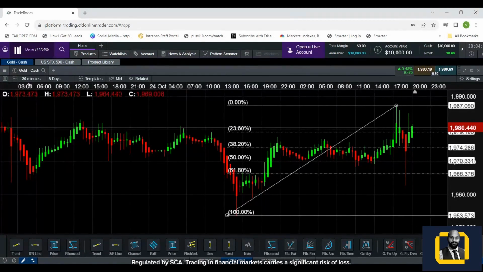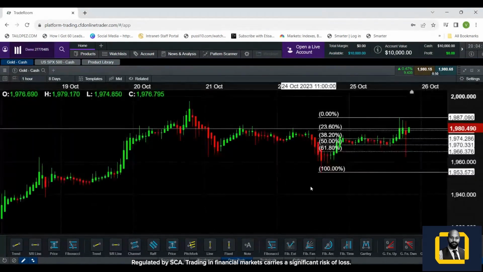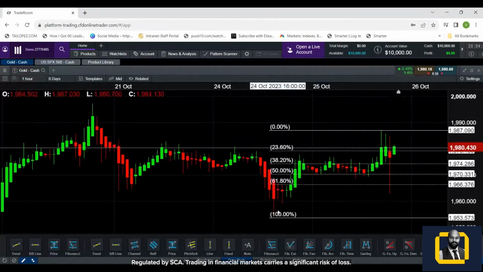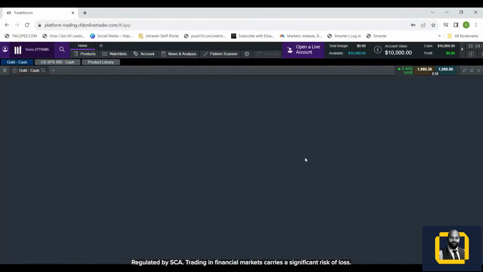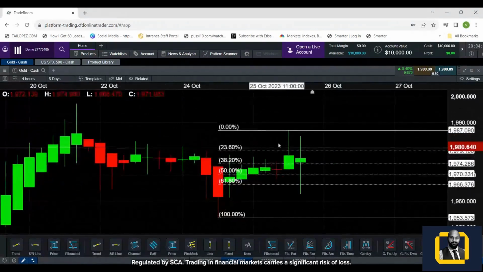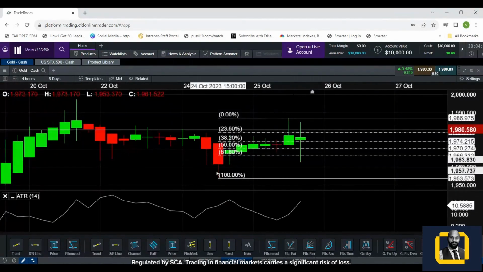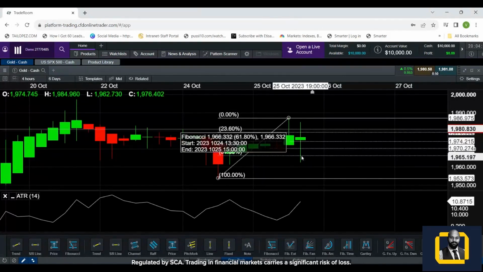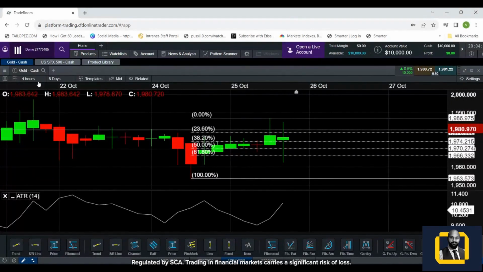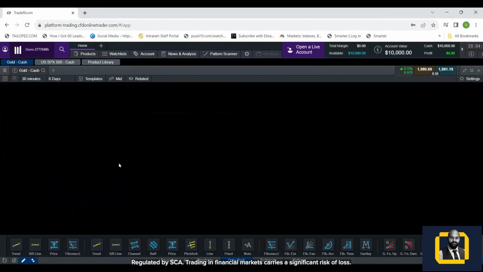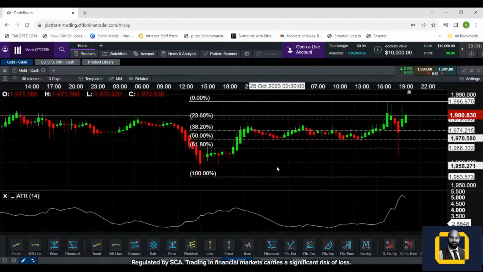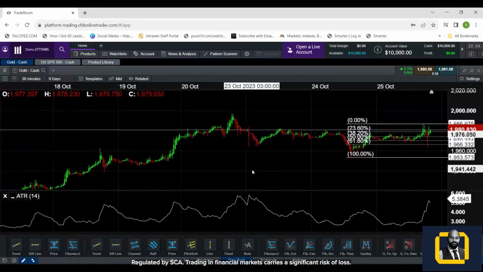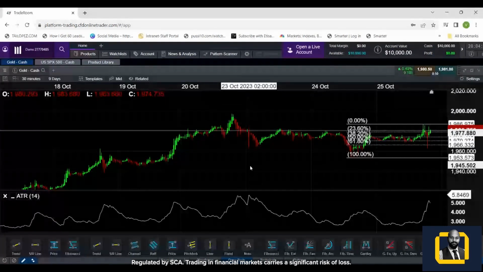So this trend, if you look at it on a 4-hour chart, you will be able to identify as a proper trend here, right? So you see the market trended upward and then it drops, let's say in this case to 61.8, going back to 30 minutes. Now, how do you use ATR to again decide your stop loss and take profit?